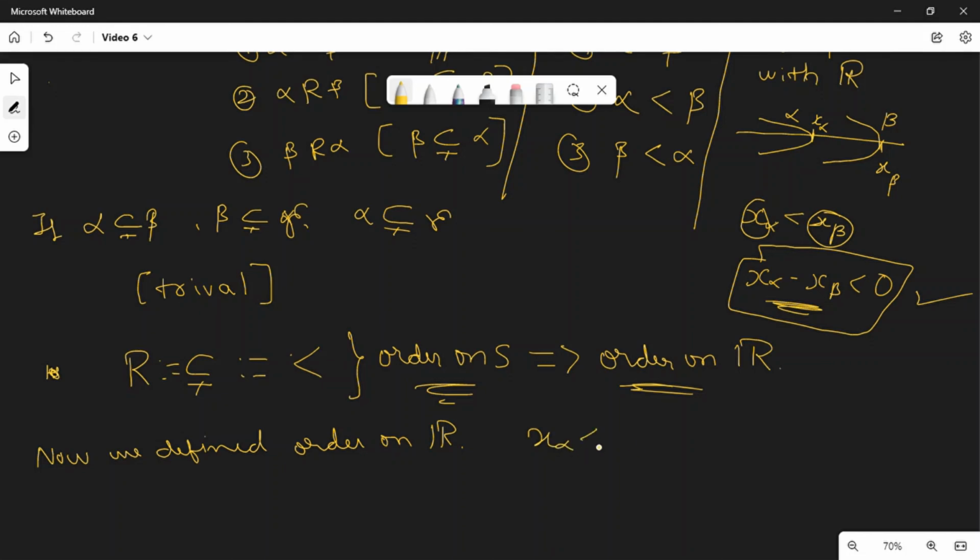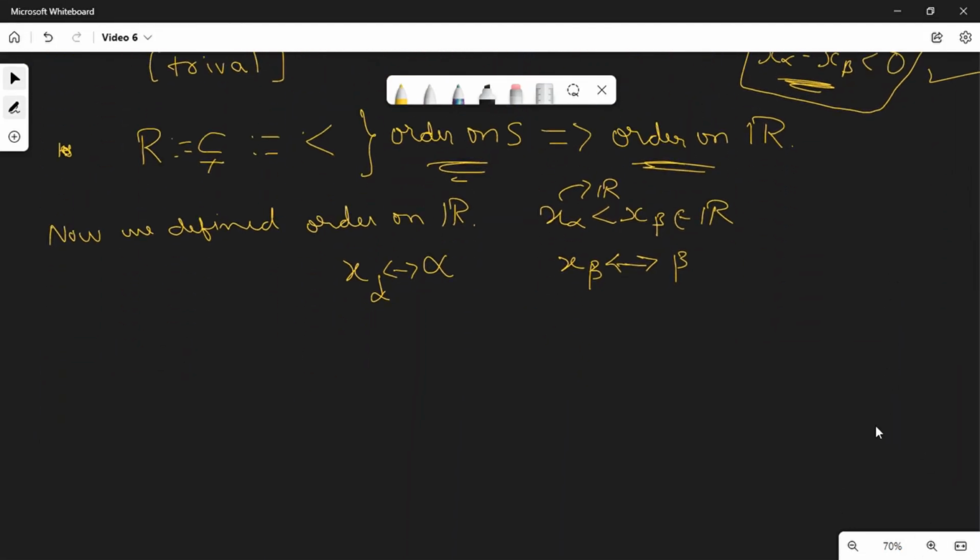How do we say x alpha is less than x beta? According to our order definition, x alpha is a real number related with some cut, and x beta is also a real number with some cut.